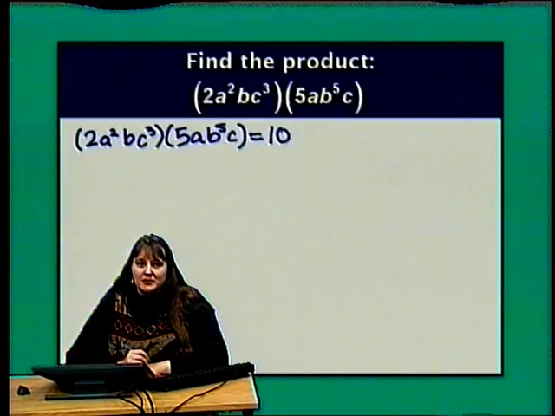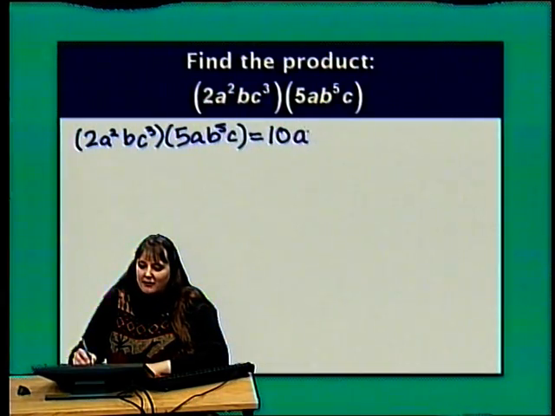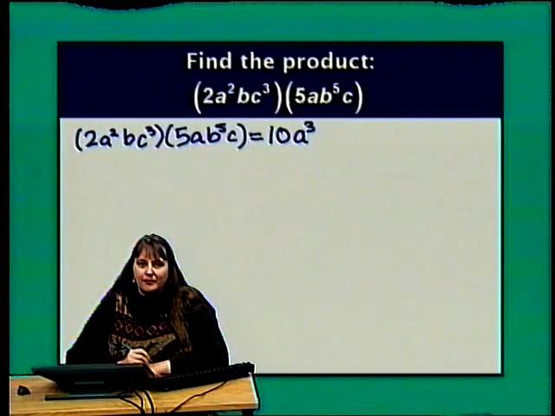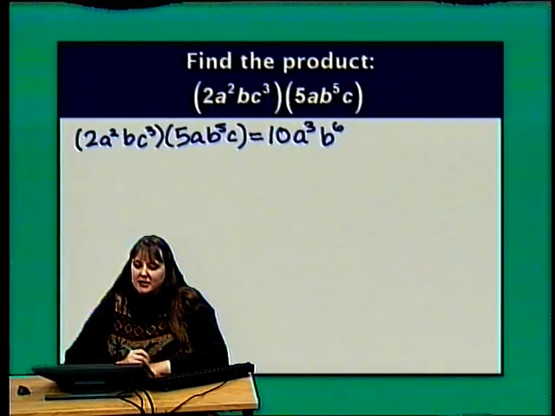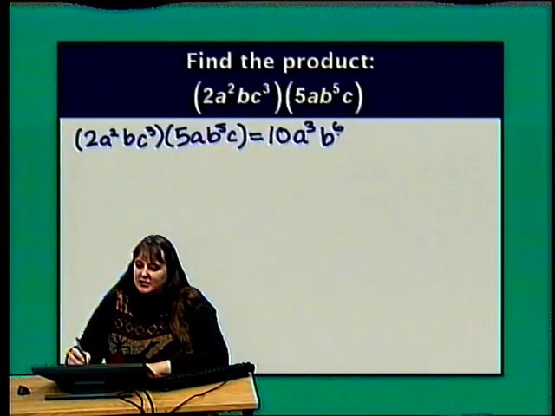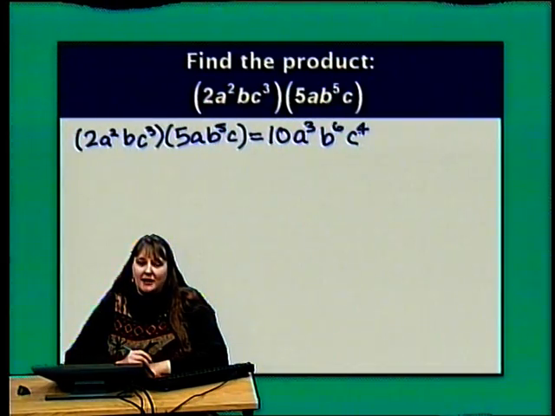A squared times a tells me I have 3 factors of a altogether. B times b to the fifth tells me I have 6 factors of b altogether. C cubed times c tells me I have 4 factors of c altogether. So the product is 10a cubed b to the sixth c to the fourth.